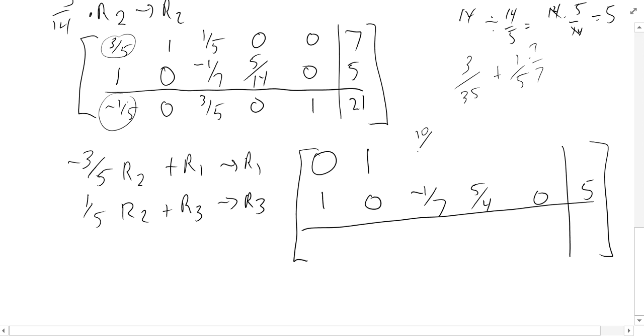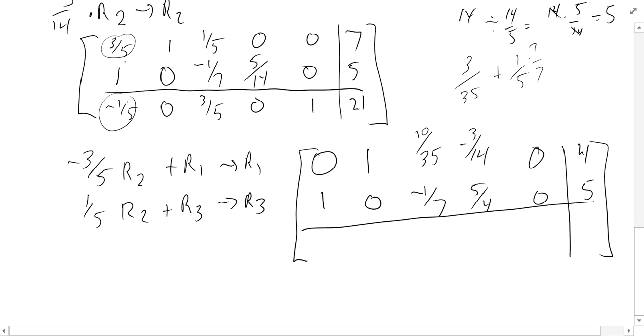I'm just going to write it as 10 over 35. I know that's not reduced, but I don't think it's going to matter here because it looks like I'm going to be finishing up on this row. All right, and then negative 3/5 times 5/14, the 5 will cancel. I'll get a negative 3/14 there. Negative 3/5 times 0 plus 0 is 0. Negative 3/5 times 5 is a negative 3. Negative 3 plus the 7 gives us 4.